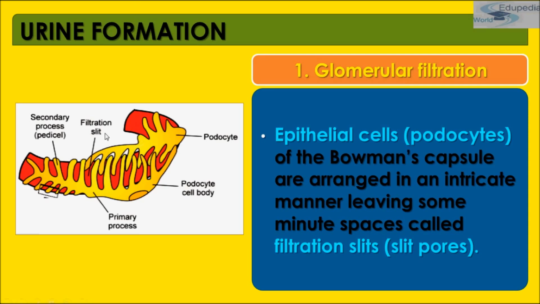The slits form the filtration path as they are in intimate contact with the basement membrane of the endothelium of the glomerular capillaries. I repeat, these filtration slits form a filtration path as they are in intimate contact with the basement membrane.